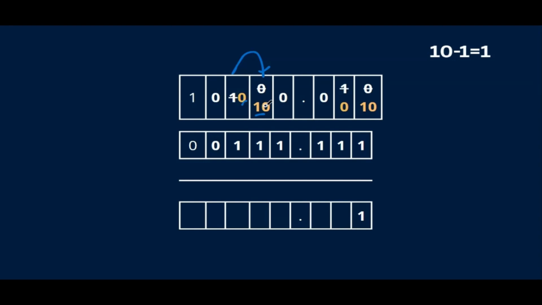Now borrow is to be performed from this bit position to this bit position, such that this bit becomes 0, and at this bit position 10 minus 1 is equal to 1.